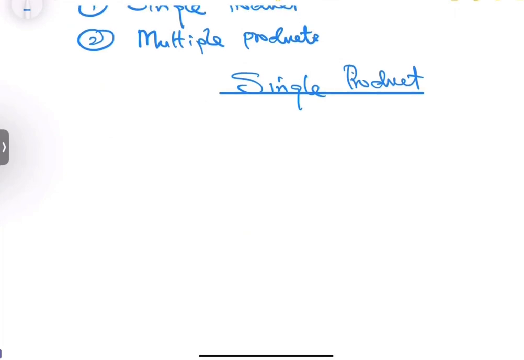So when you look at single product analysis, especially when you are trying to get the contribution per unit, you already said that the formula for contribution per unit is selling price minus variable cost.